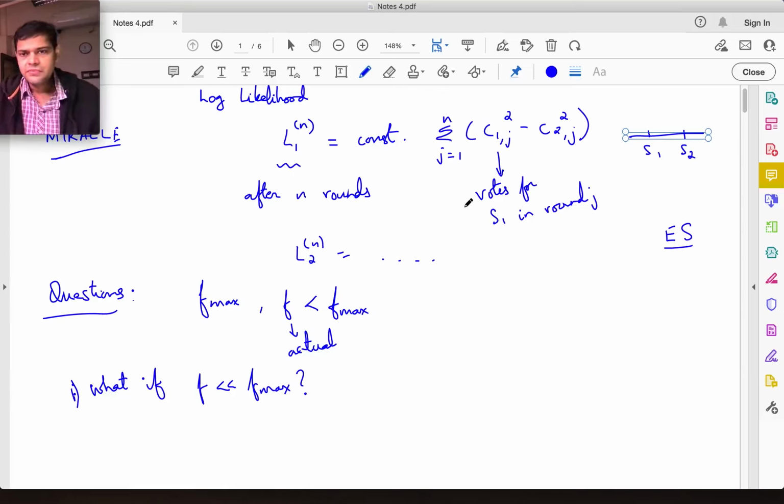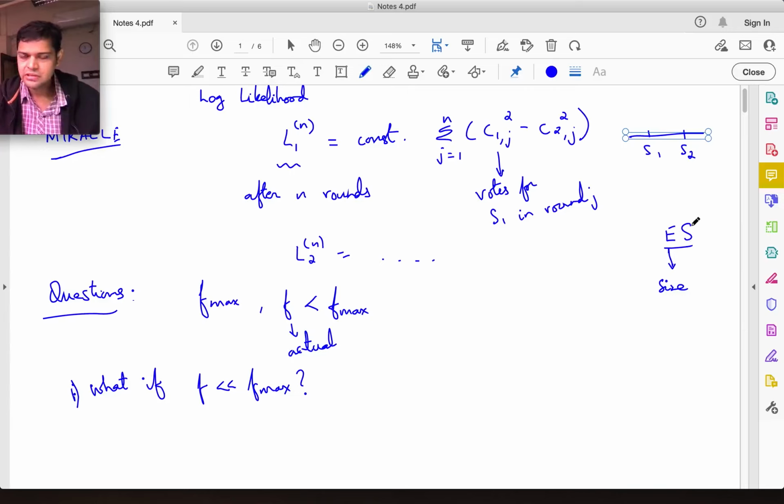What we said is we choose the execution set size depending on how many rounds we want the MIRACLE algorithm to take on average. So let's say we design for an expected number of rounds to be 5 if F is equal to Fmax, and based on that we choose this execution set size.